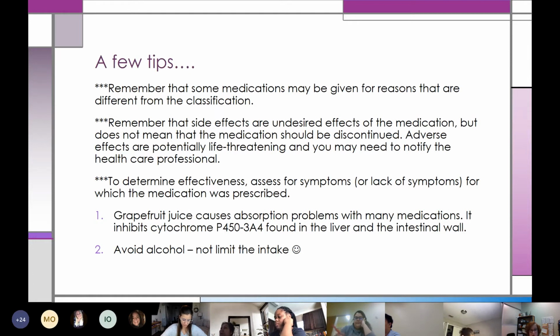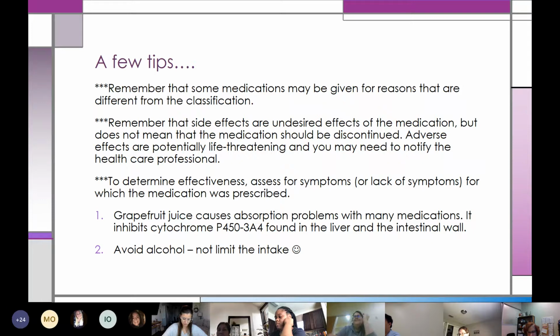You are probably very familiar also that some medications can be given for different reasons, like the black box that's on some of those medications. So a patient may be taking a med and you think it's for blood pressure, but maybe it's not. Maybe it's for taking care of AFib.